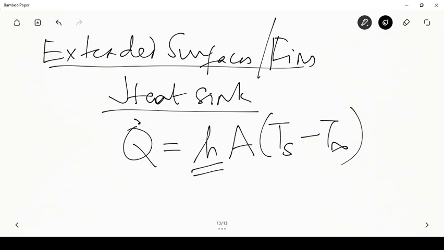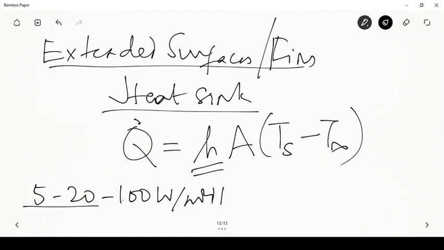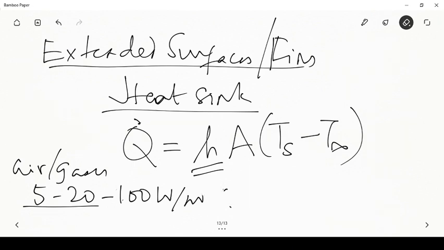So the value of h can vary from, let us say, 5 to 20 in the case of air that is not moving at very high velocities, and maybe up to 100 if the airflow velocities are high, watts per meter square Kelvin for air or gases. For liquids, water, etc., the same range can be slightly revised.